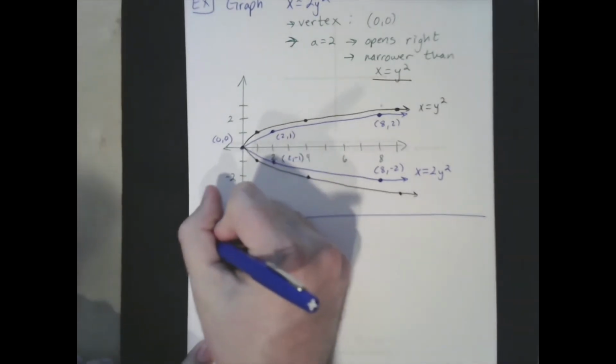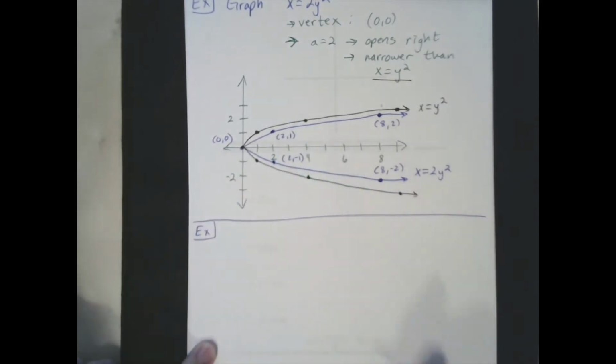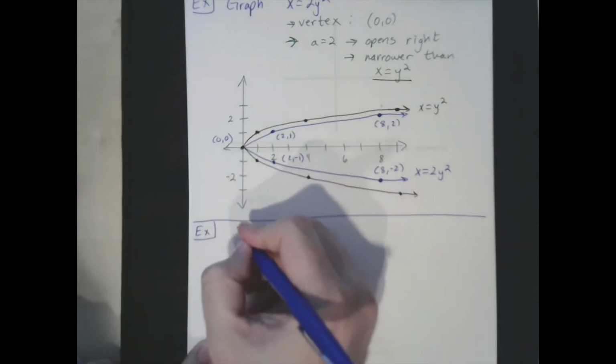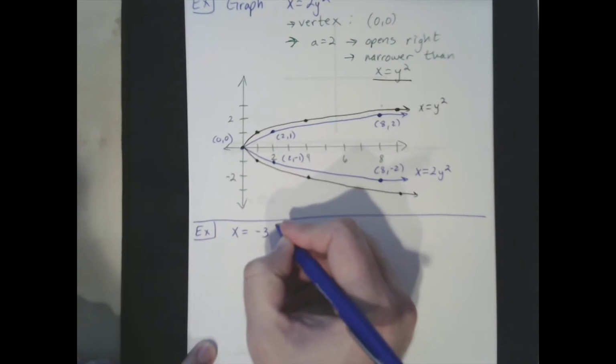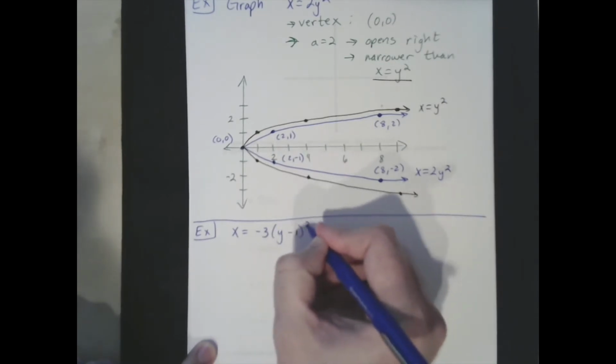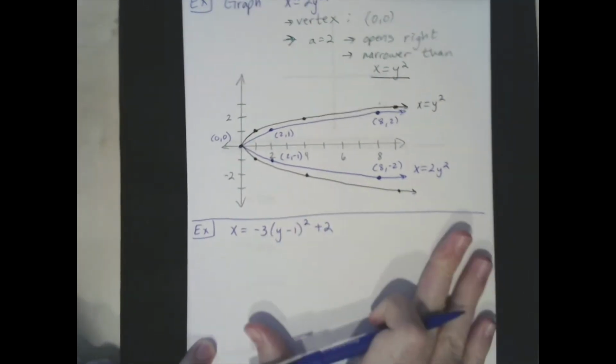Our next graph that we're going to do is going to be x equals negative 3 times y minus 1 squared plus 2. So now we have all the transformations happening at once.